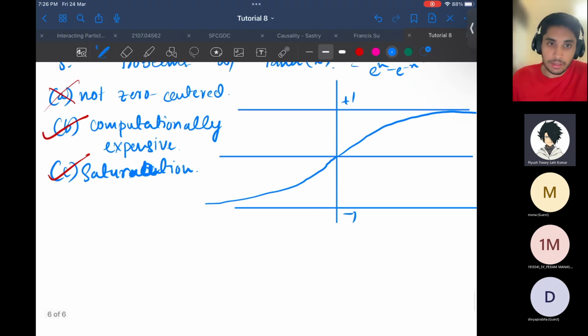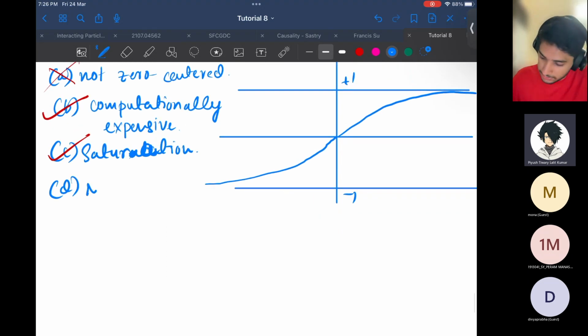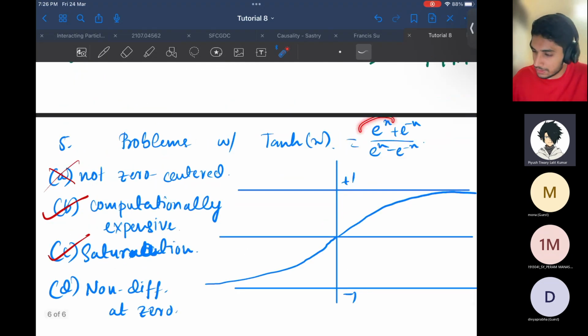Okay, what is the fourth option? D option, non-differentiable at zero. Is it non-differentiable at zero? See, all of these are continuous, and the division is also continuous because exponentials are nice functions that don't go to zero.